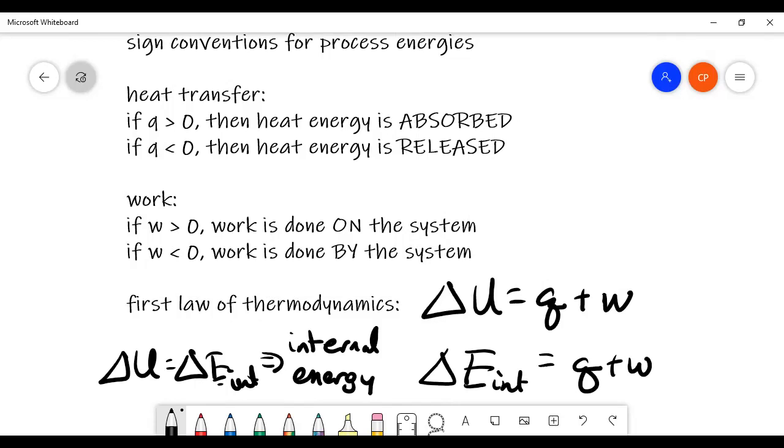The sum of process energies for a system is equal to the change in the energy inside that system. And this is an alternate way to state the first law of thermodynamics, or what you have heard of before as the law of conservation of energy. Energy cannot be created nor destroyed. Energy is simply transformed from one state to another.